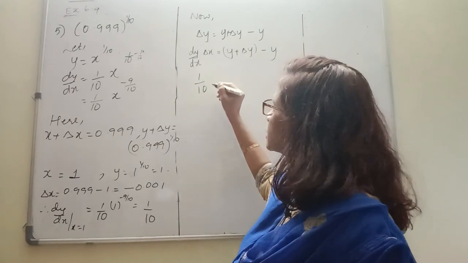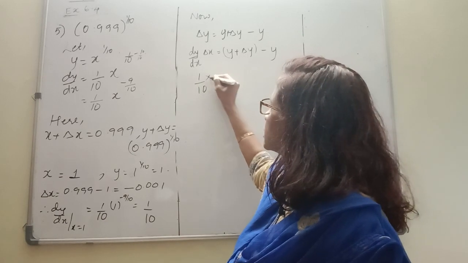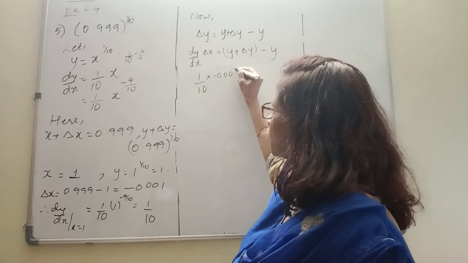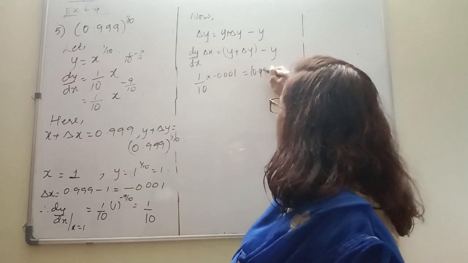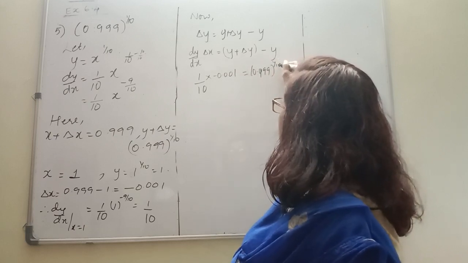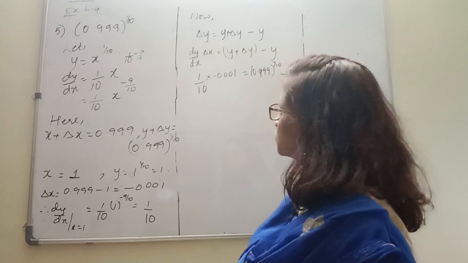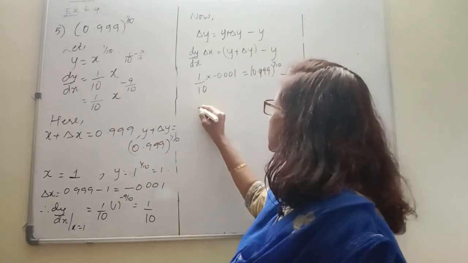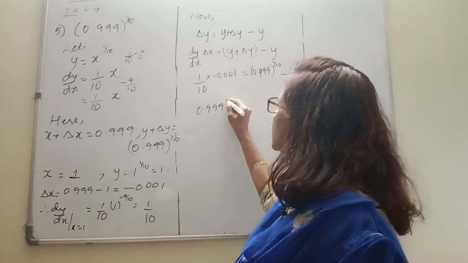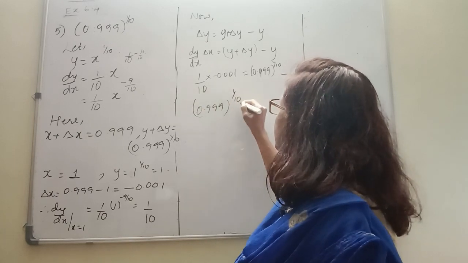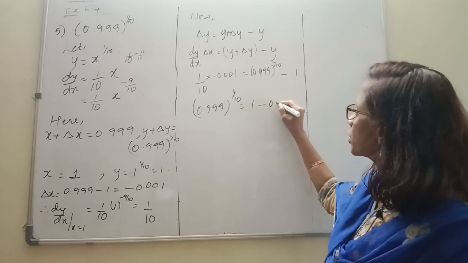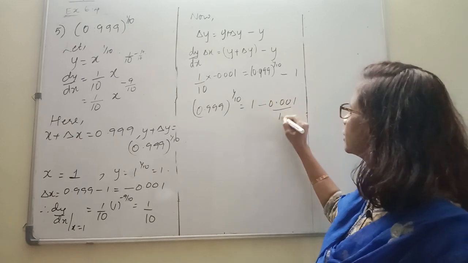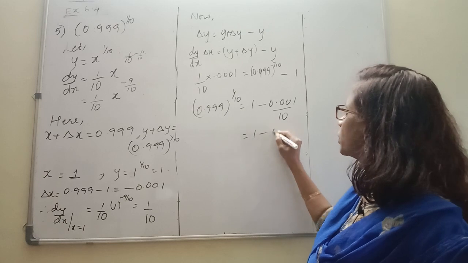Delta x is minus 0.001. And y plus delta y is 0.999 raised to 1 by 10 minus the y value, which is 1. Let's have it on the other side. 0.999 raised to 1 by 10. 1 can go on the other side, minus 0.001 by 10.